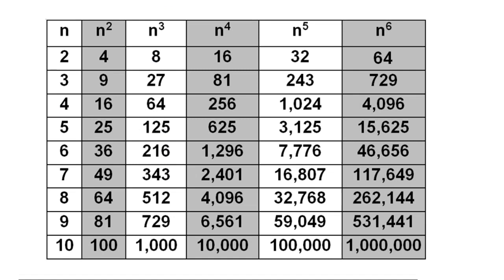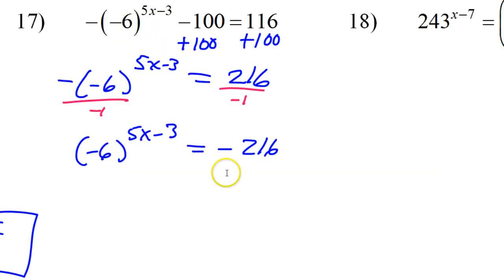Third power. 6 to the third power is 216. Of course, that means negative 6 to the third power will be negative 216. So I can rewrite negative 216 as negative 6 to the third power.